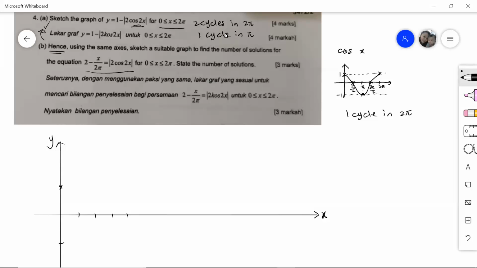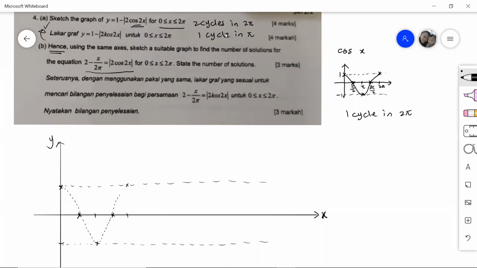Let me just draw this, easier for us to plot later. Maximum, 0, and then minimum, bounce back 0, bounce back to maximum. I use a dotted line to sketch first because this is not our final graph.